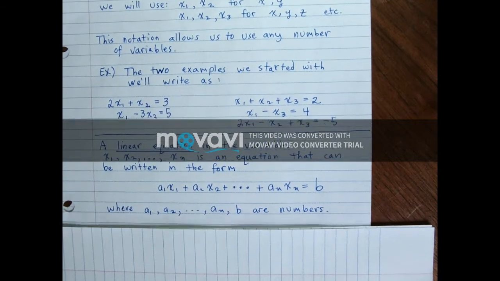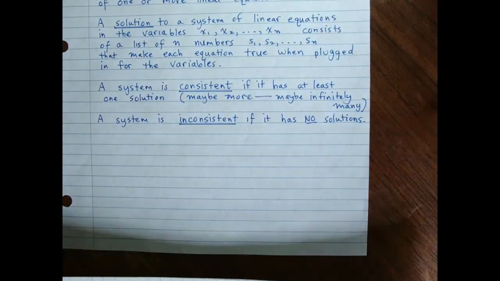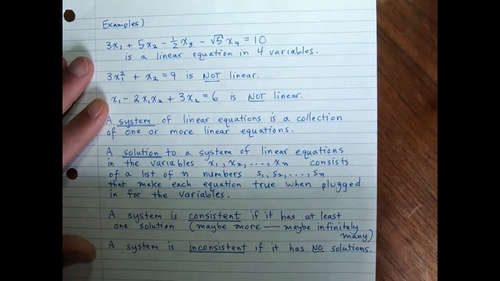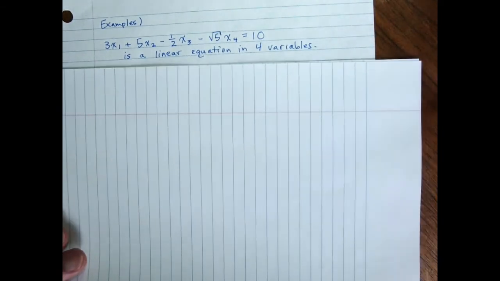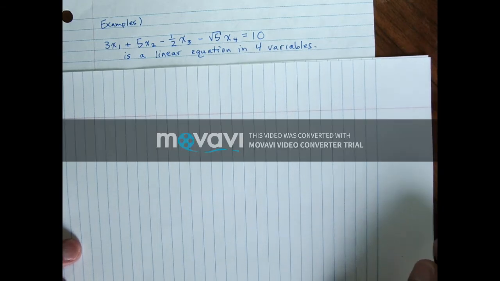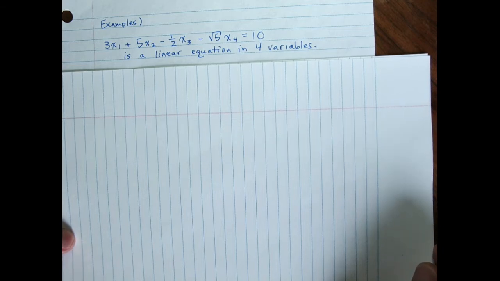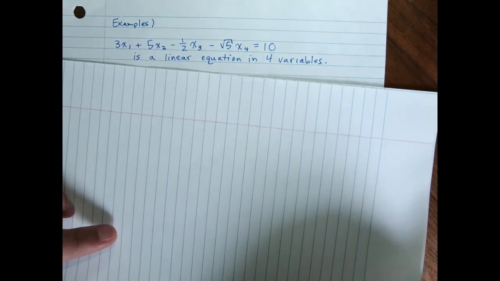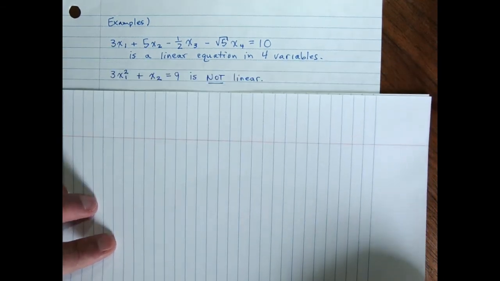Let's look at some examples. So just again, this is meant to be very straightforward material. 3x1 plus 5x2 minus a half x3 minus square root of 5 x4 equals 10 is an example of a linear equation in 4 variables. Now you should also have some idea of what would not be a linear equation.